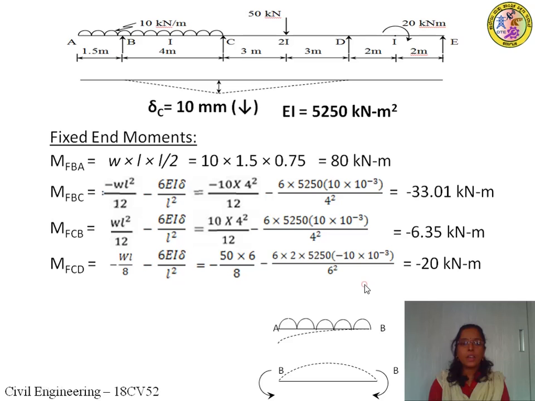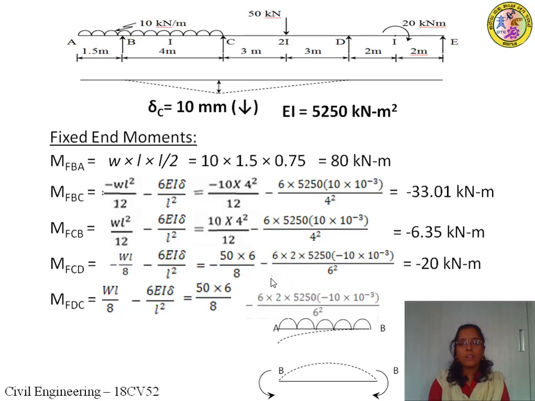Next, MFDC. MFDC is WL by 8 minus 6 EI delta by L square. That will be equal to plus 50 into 6 by 8 and then minus 6 into 2 into 5250 into minus 10 into 10 power minus 3 by L square. The sign convention will be constant for both the ends.